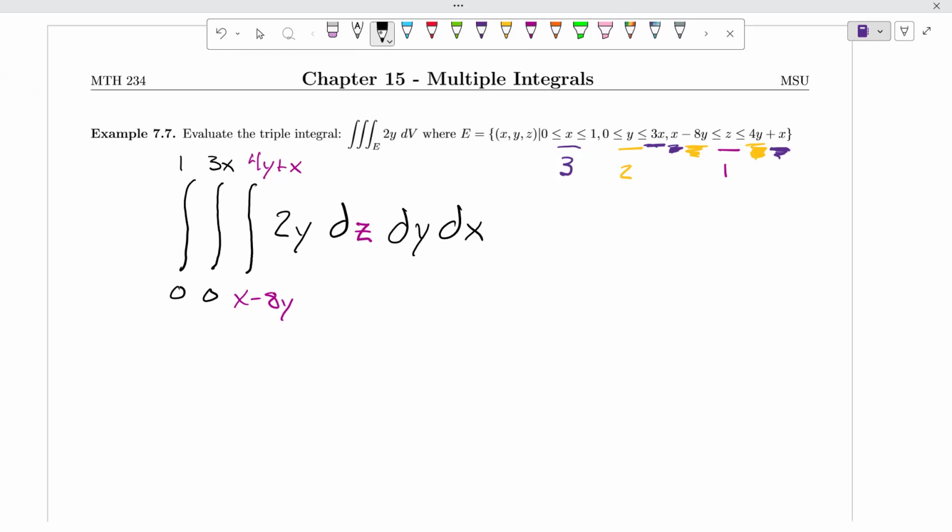All right, and then I just go integrate this thing. In particular, if I have to integrate 2y dz, that integral is going to be 2y z, and then evaluate between my two bounds.